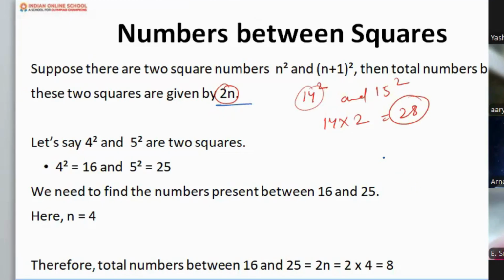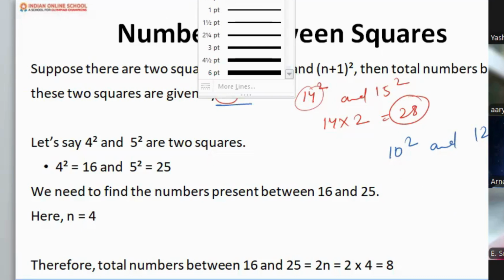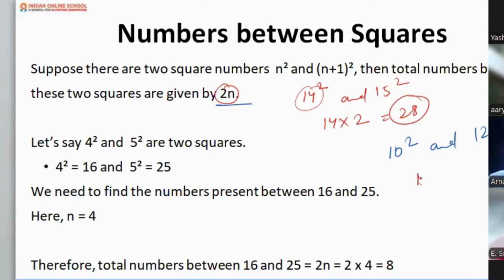And when we have non-consecutive numbers, suppose I have the square of 10 and the square of 12. These are non-consecutive numbers. For that, what can we do? We write them in this form, 12 square minus 10 square. So we can use the identity over here, a minus b and a plus b.